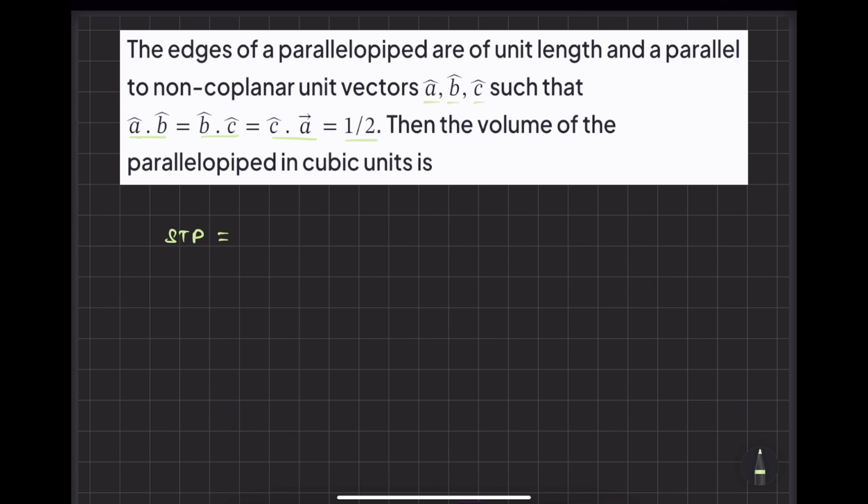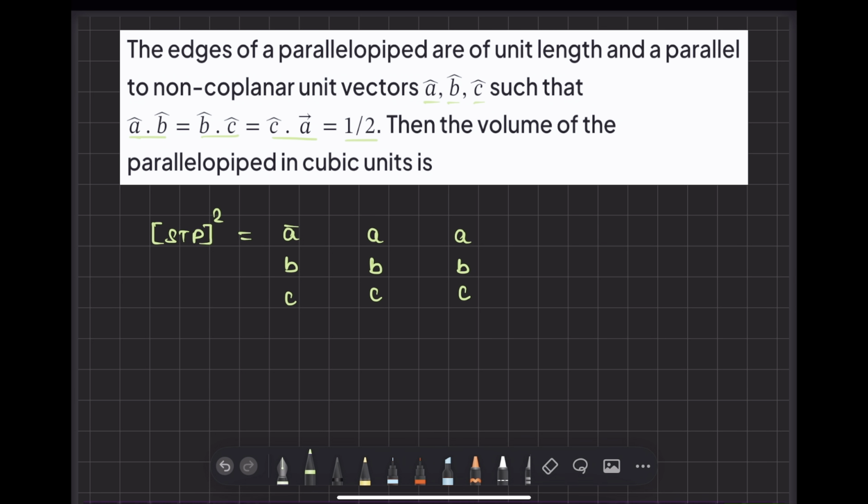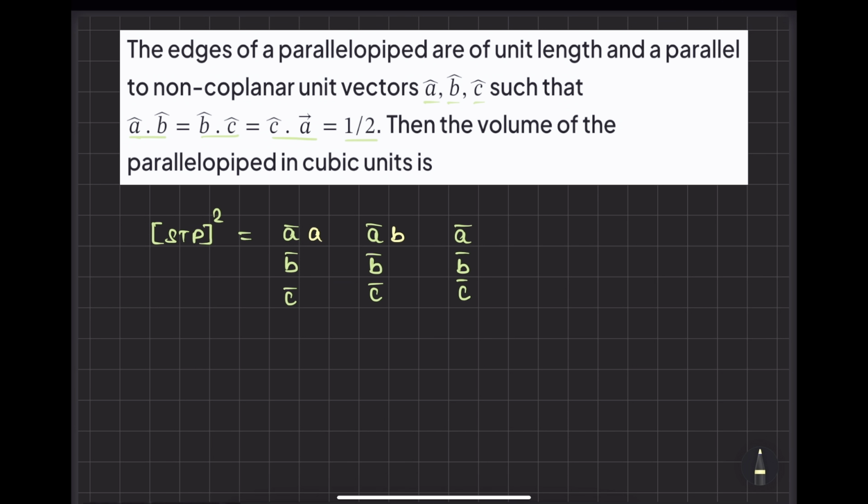So can I apply this part, that scalar triple product squared equals the determinant of A.A, A.B, A.C; B.A, B.B, B.C; C.A, C.B, C.C? Correct? Now we will solve this determinant.